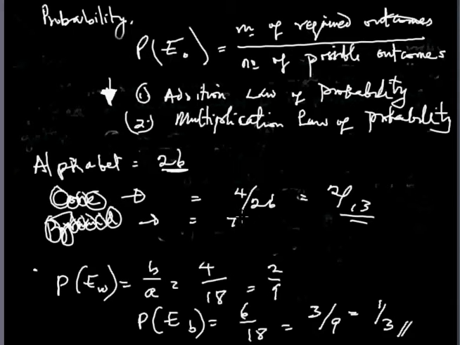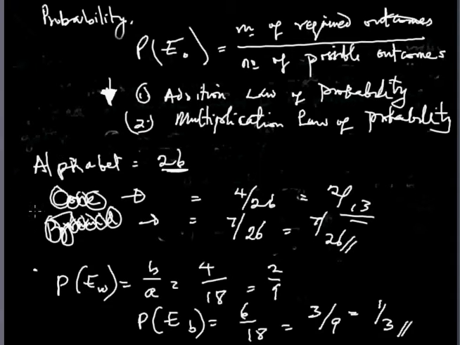You have 7 letters out of 26. That means 7 over 26, and that forms the probability of writing pyramid out of 26 letters.